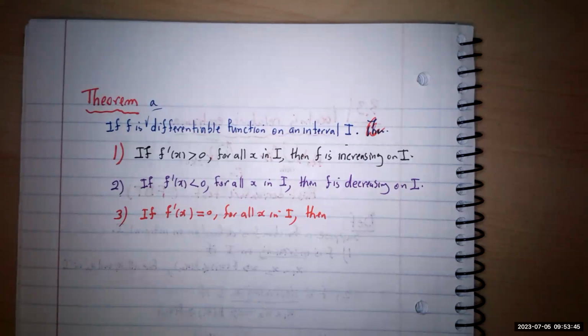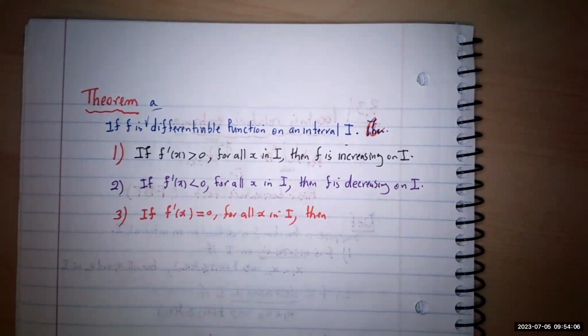When the slope is 0, it's a horizontal line, or a constant function. Yes, excellent. When the slope is 0, if it's going to be a line, it's going to be a horizontal line. But in general, if the derivative of a function is 0, that function is a constant function.